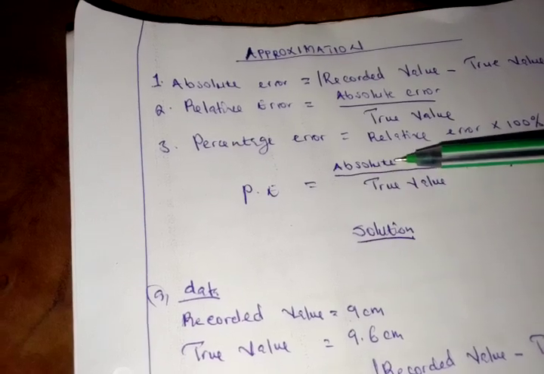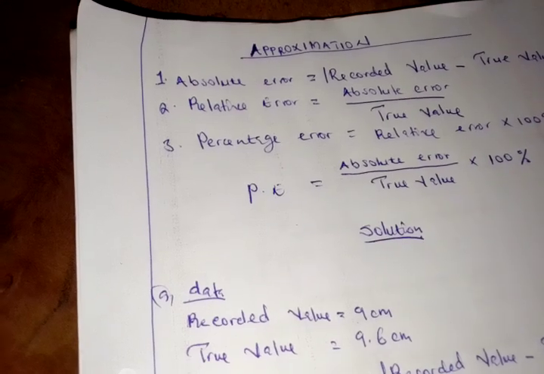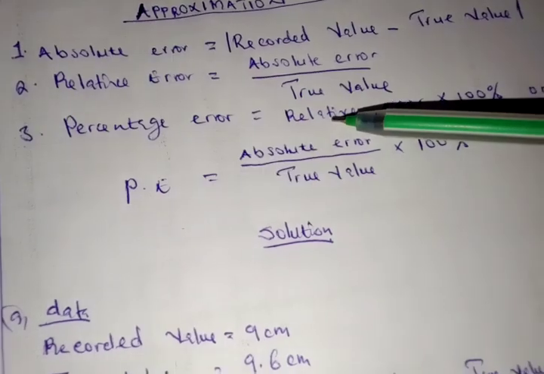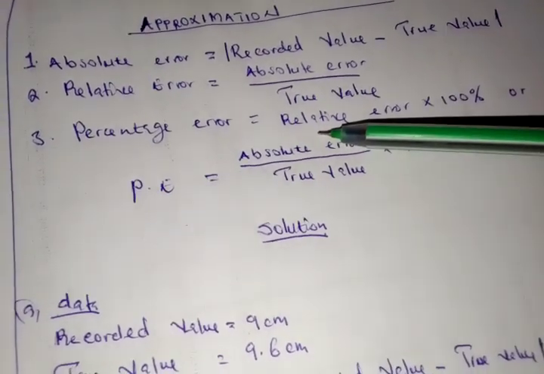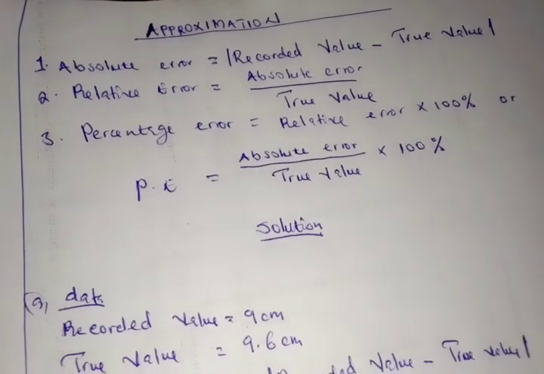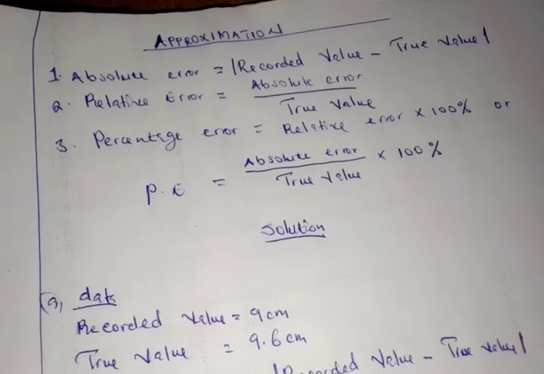You can only use this one if we first find the absolute error, and we can only use this one if we first find the relative error, and that is going to waste our time because in exams we normally wrestle against time.